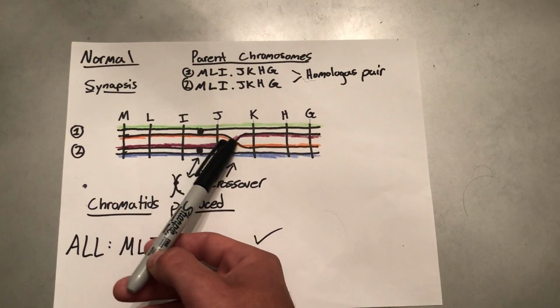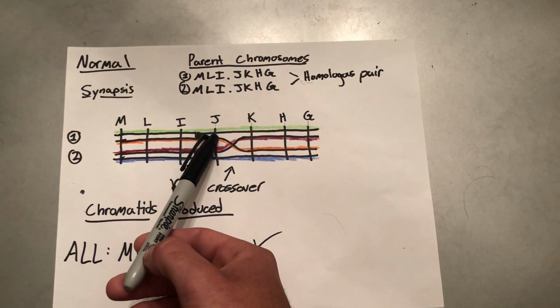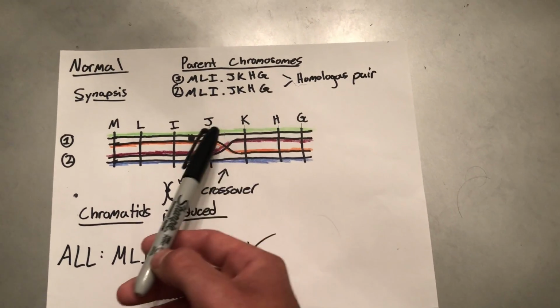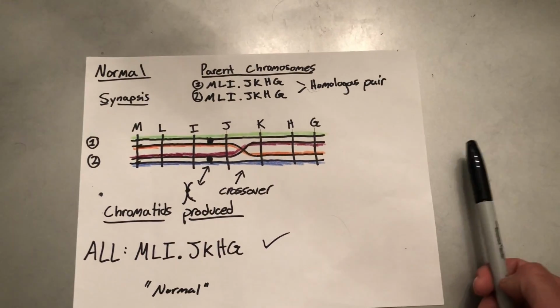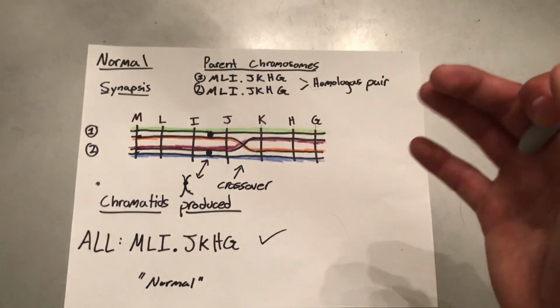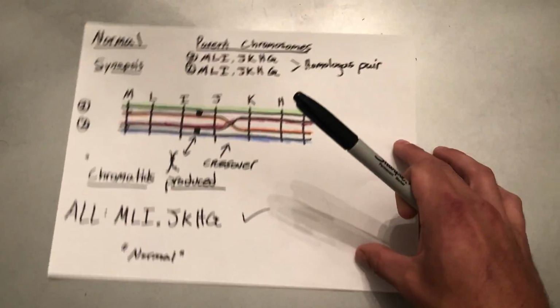So we're still going to break off at this J, but we're still going to get our KHG since they're identical. So all the chromatids produced are going to be normal and viable for offspring.